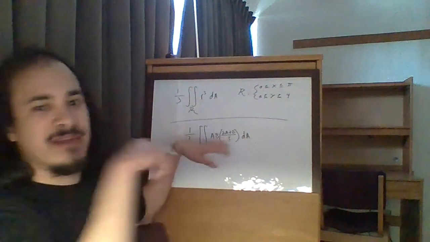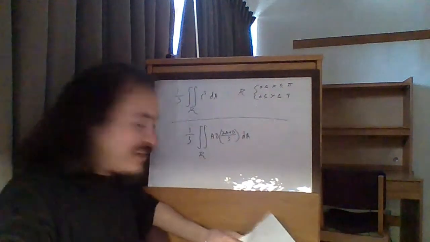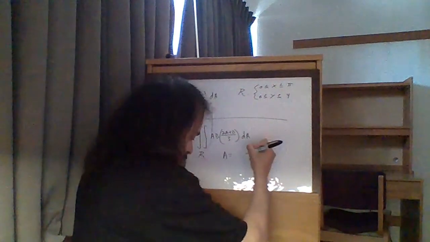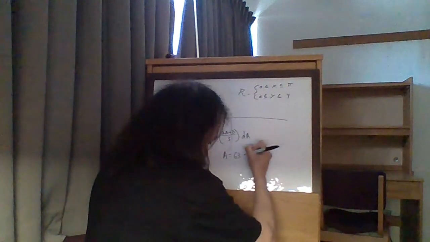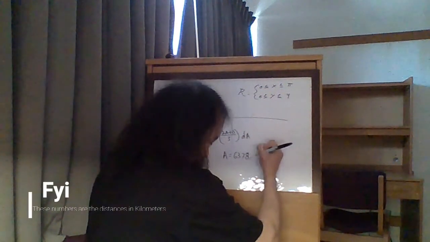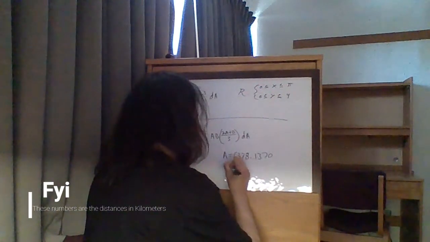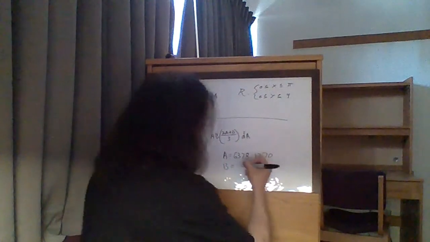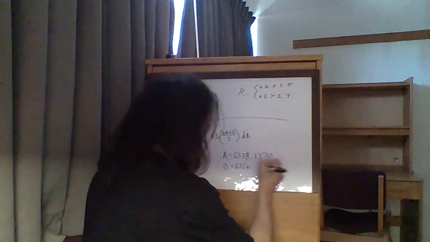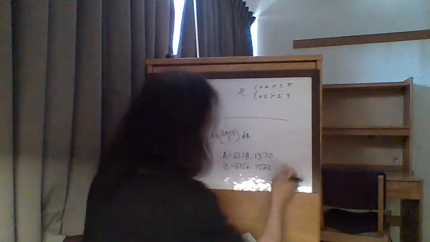Now you might be thinking to yourself, okay, what's A and what's B? Luckily I've got a paper here that I've already got this for you guys. So A equals 6,378.1370, and B equals 6,356.7523.